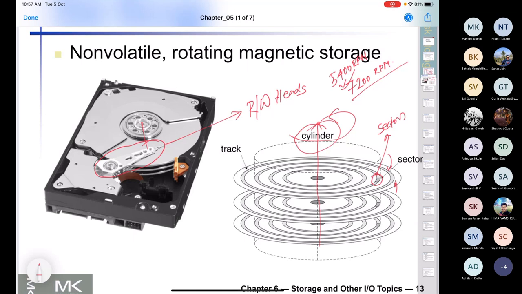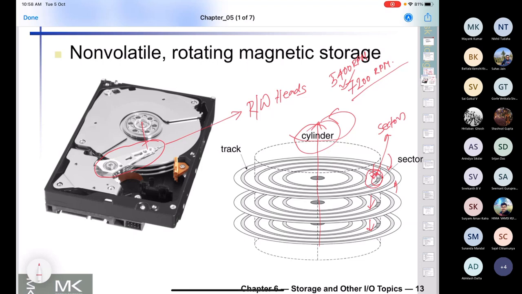What is the implication of a cylinder? Well, typically the read-write heads work at the same track across the different disks. So if it is reading the track shown here, okay, the second track, there actually it's more than two tracks, but if say this track, the read-write head is reading from this track, it will read from the corresponding track on the next disk also, and the corresponding track on the next disk also, which means across all the tracks over the entire cylinder, values are being read at the same time.